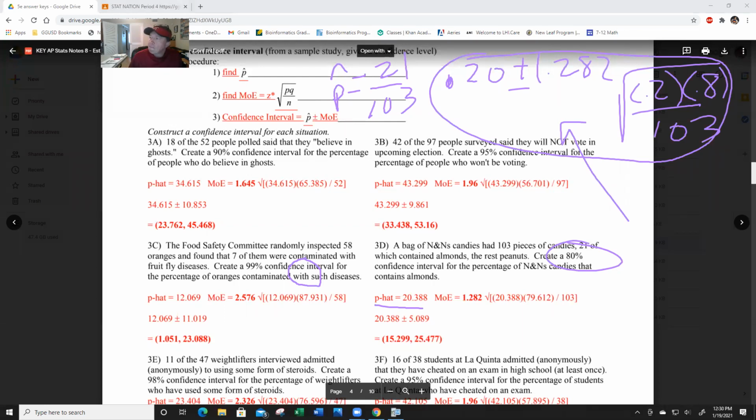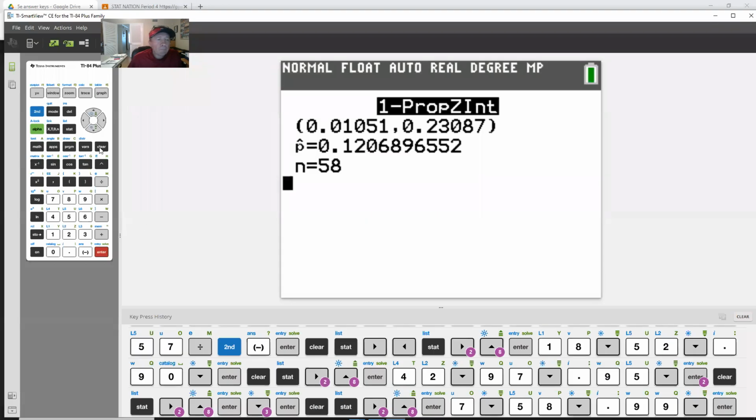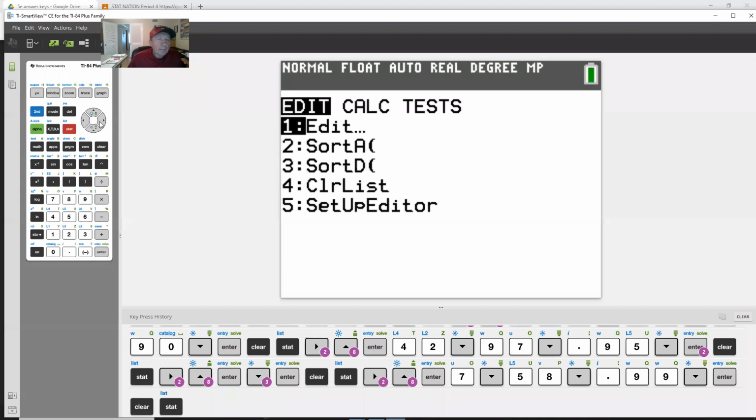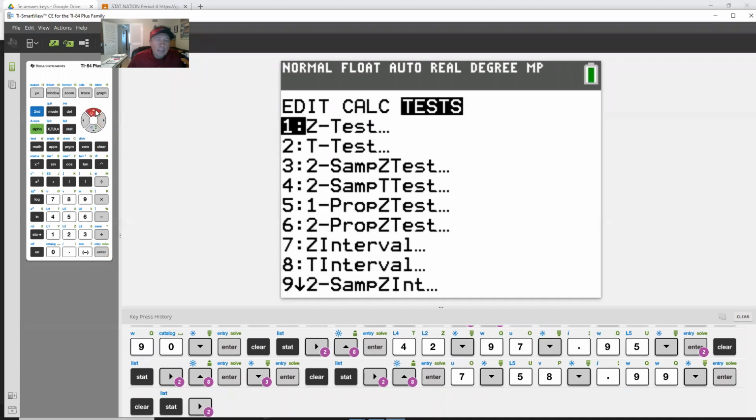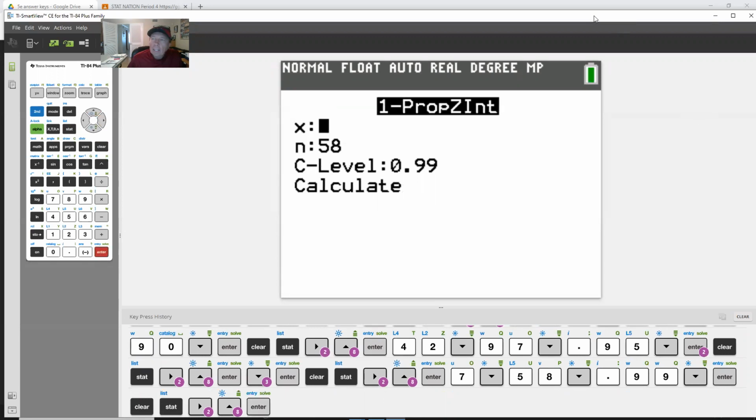Okay? So let's go ahead and get the calculator out and try this again here. Here we go. Stat, arrow over to tests, 1 prop Z interval. And we got 21 over 103.